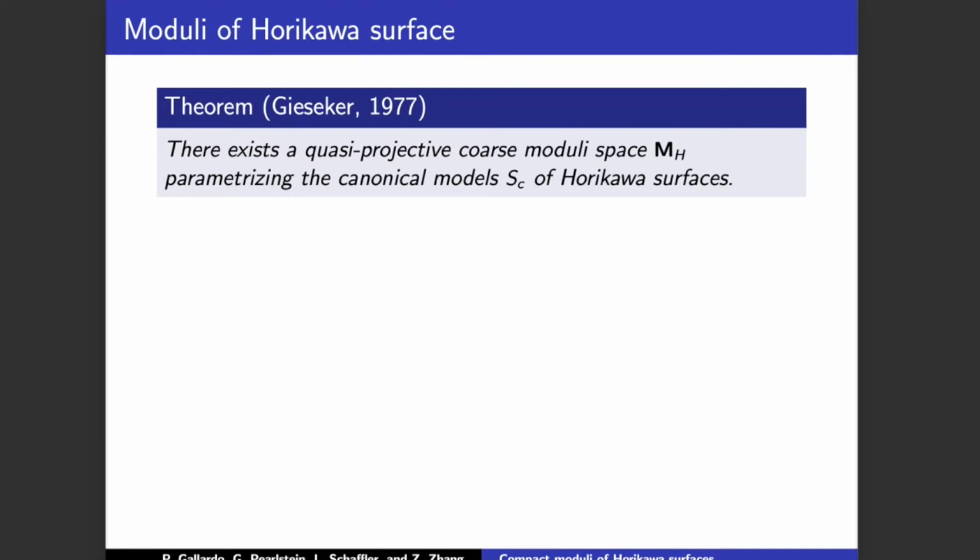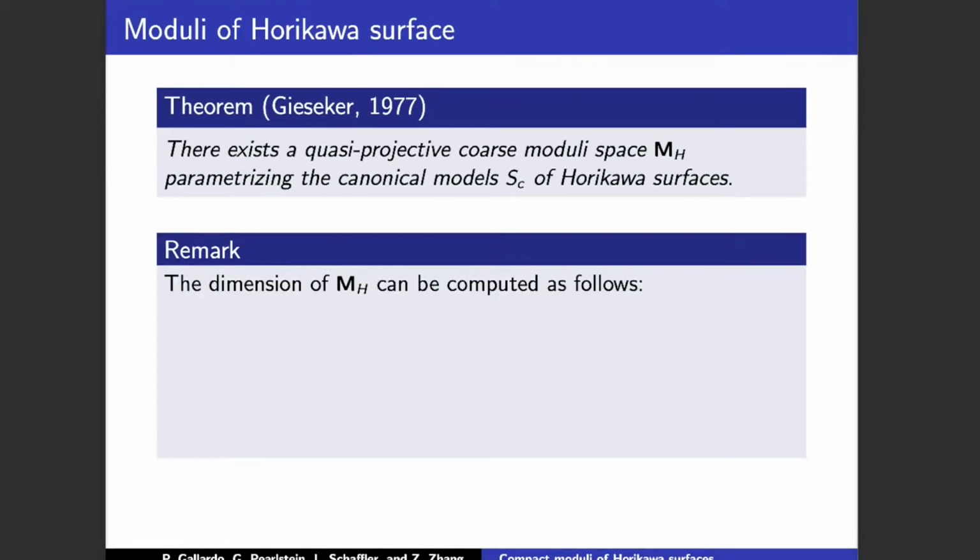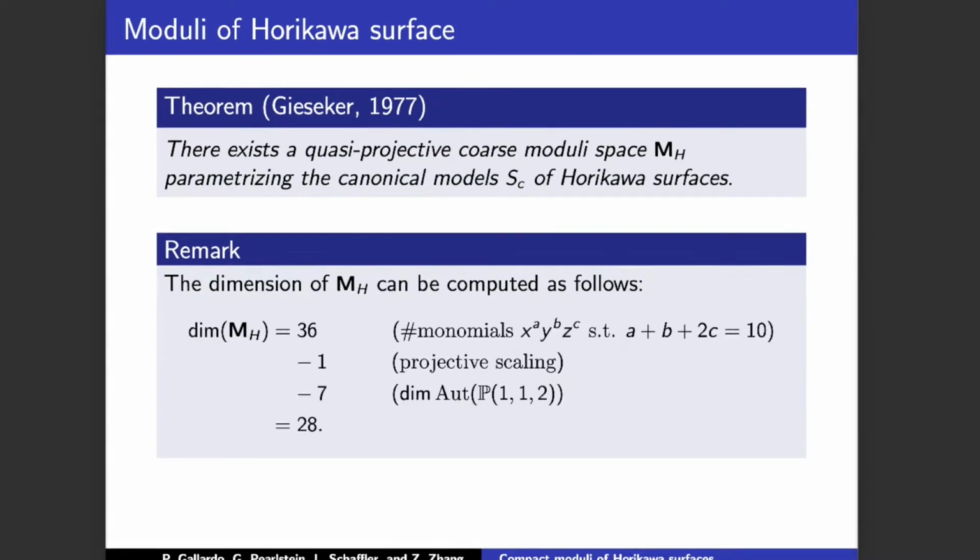Maybe to get a feeling of this moduli space M_H, we may start by computing its dimension. You can do this in many ways. Here is a quick way to do it by counting. The canonical model depends on this curve of degree 10 in P(1,1,2). So what you can do is start counting the monomials of degree 10, x^a y^b z^c.